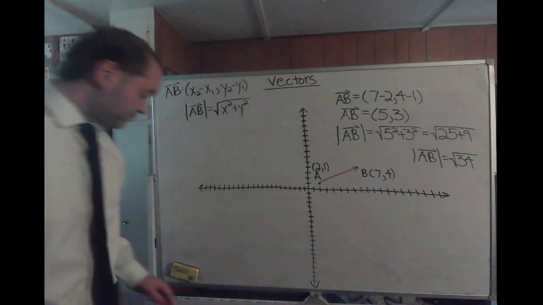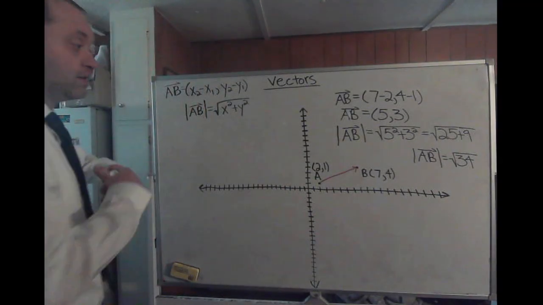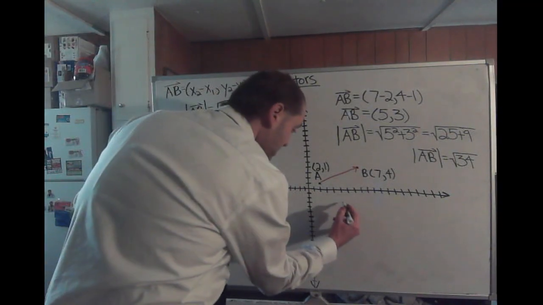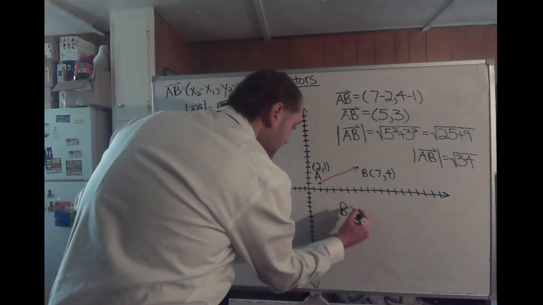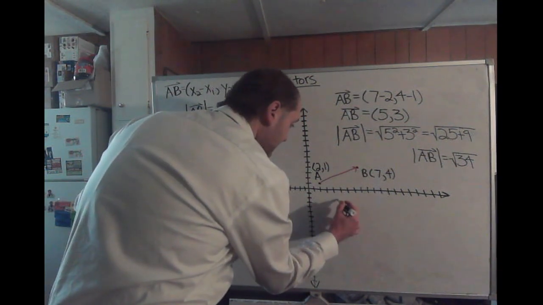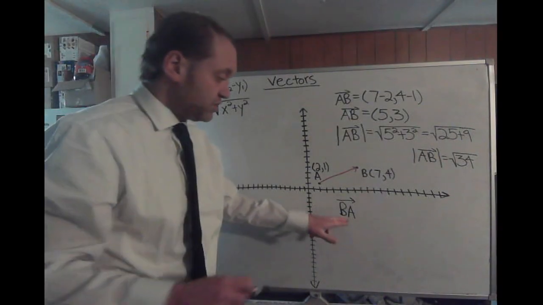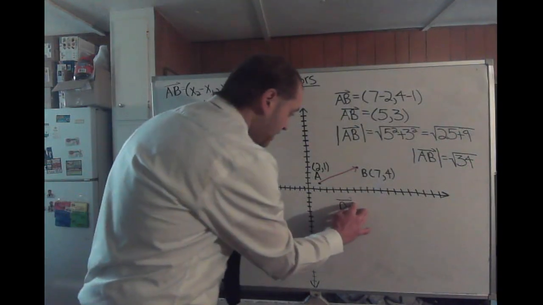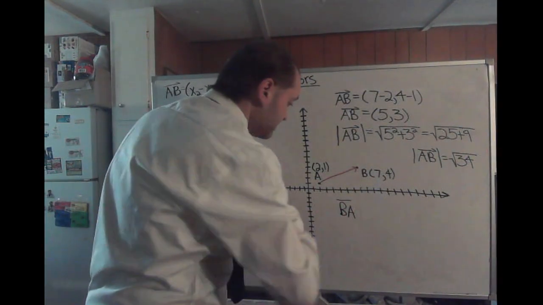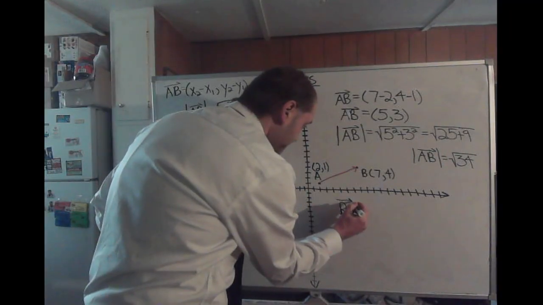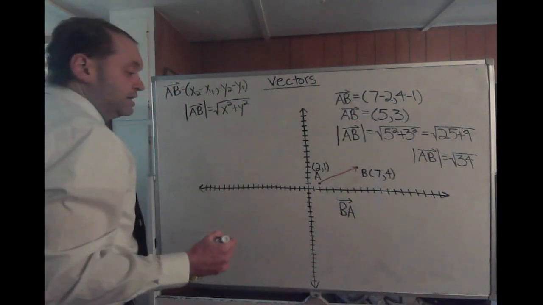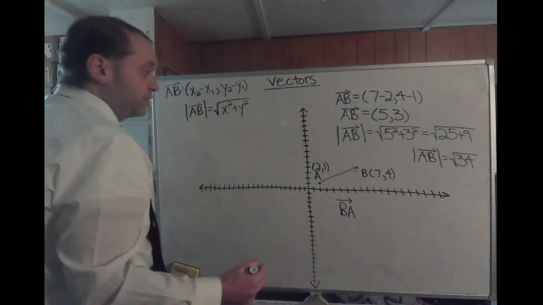Now, let's say hypothetically I wanted to go from B to A. I can go from B to A. Of course, your first letter always denotes where you're starting. Whoops, not an arrow, it's a half arrow for a vector, right? And then the second letter denotes where you're ending.